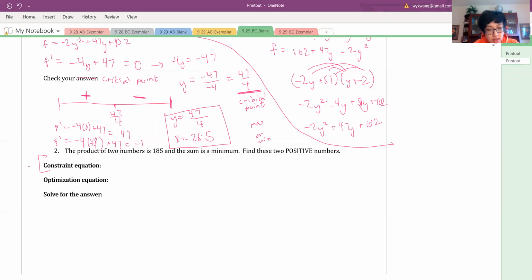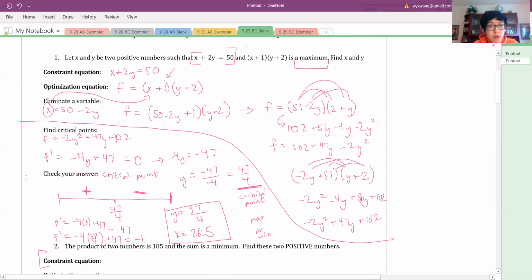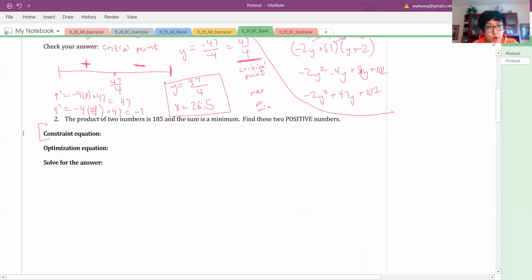It's like the arena that we have to play in. We can't have these two numbers be completely random. They have to meet certain criteria. And I will say this problem is slightly harder because there's an extra step. In this problem, they just gave us the equation straight up, right? They told us that x plus 2y must equal 50. This one, they do it in like a word problem format.